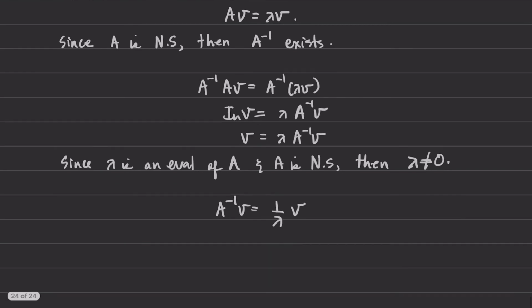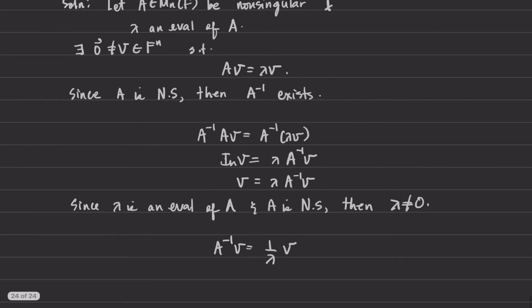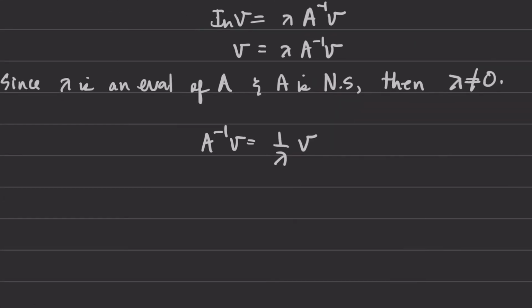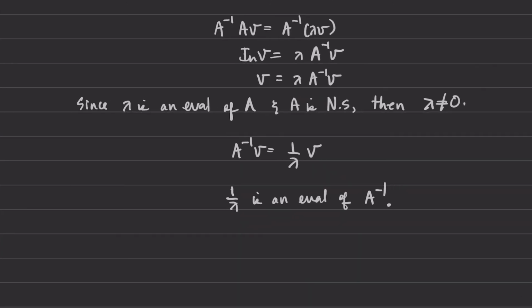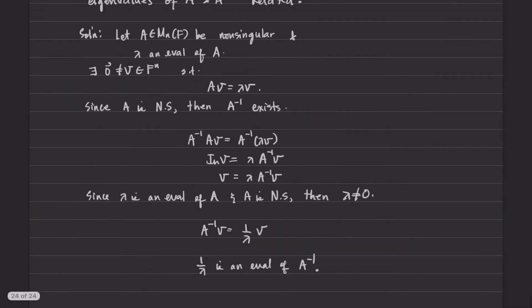At anong sinasabi nito? Ano ba yung V dyan? Non-zero column yan. May matrix ka, times mo sa non-zero, equal siya sa 1 over lambda times yung V mo. So, ang sinasabi mo dyan is 1 over lambda is an eigenvalue of A inverse. So, ito na yung relationship na hinahanap natin, no?